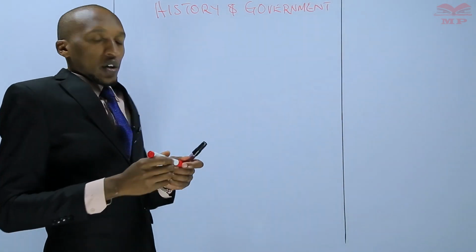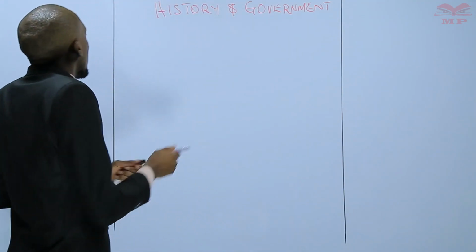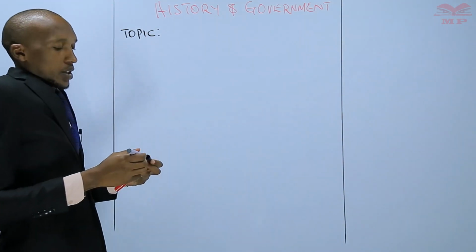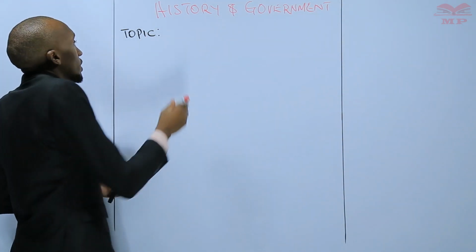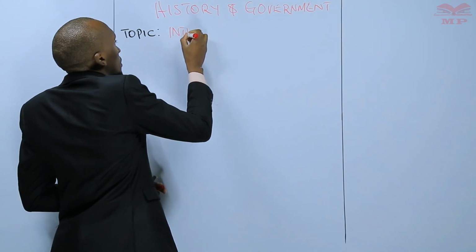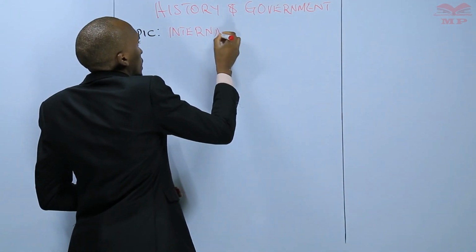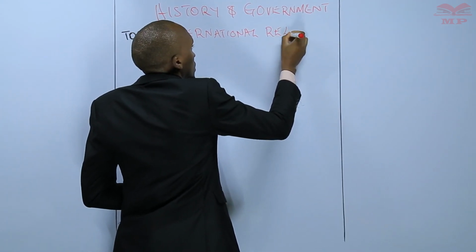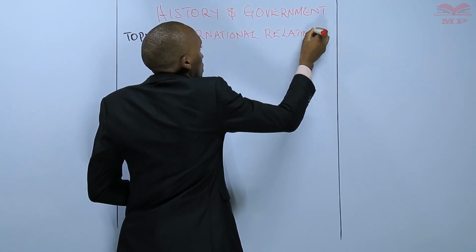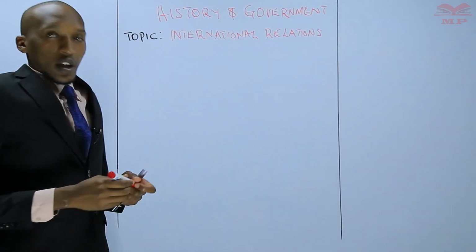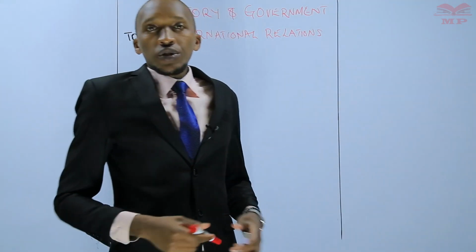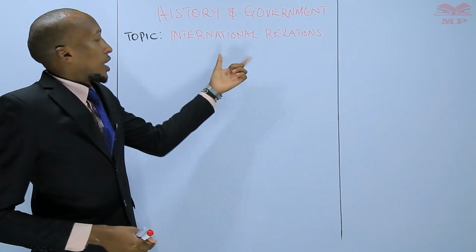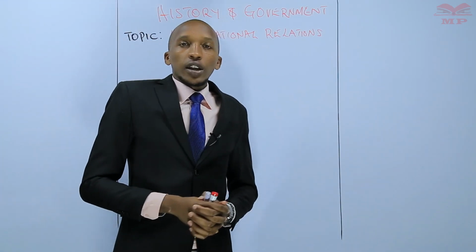And today we are going to introduce a new topic, which is the second topic, that is international relations. I hope you are doing well as you continue to learn.